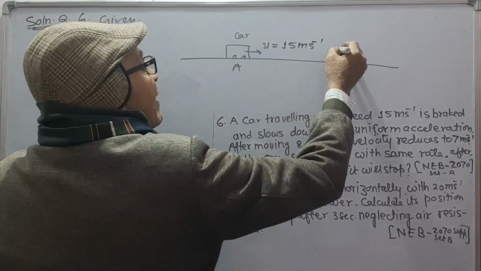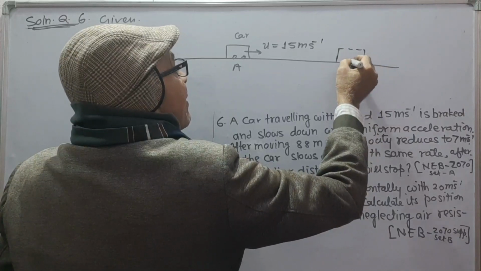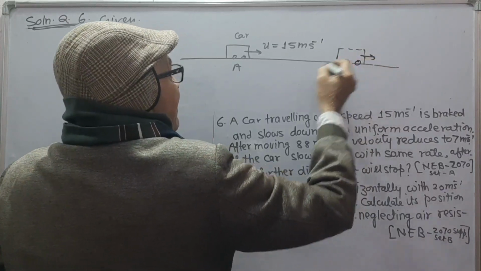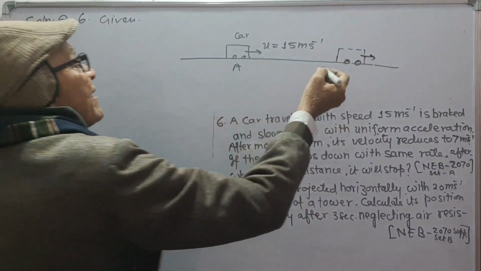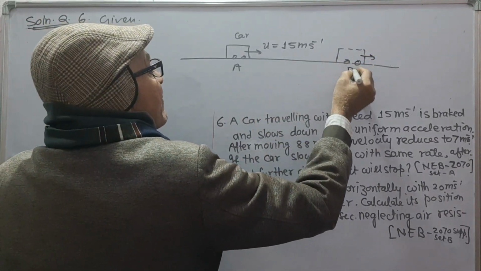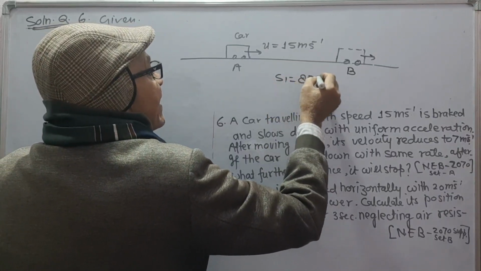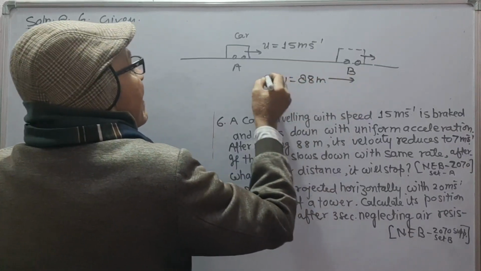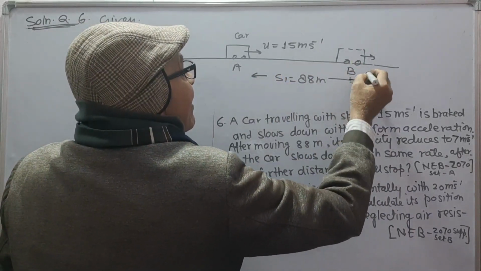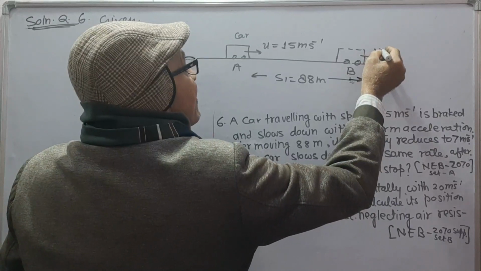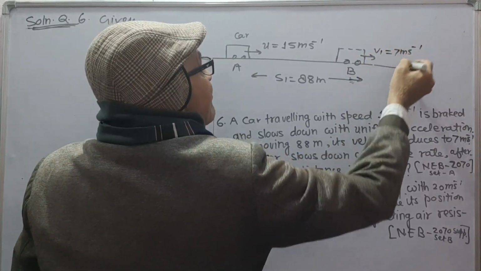Due to application of brakes, it retards uniformly, so that from A to B, after moving distance 88 meter, its velocity reduces to v1 as 7 meter per second.